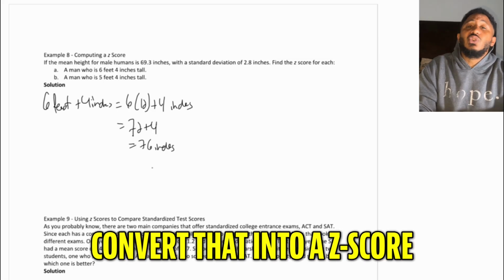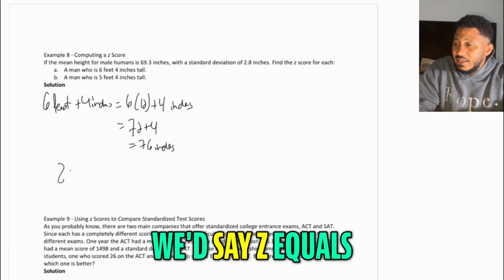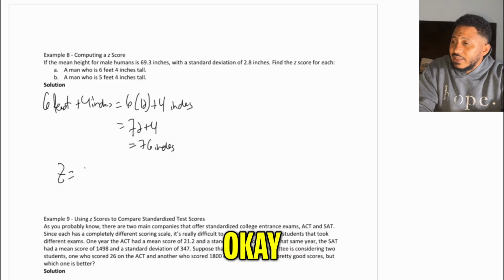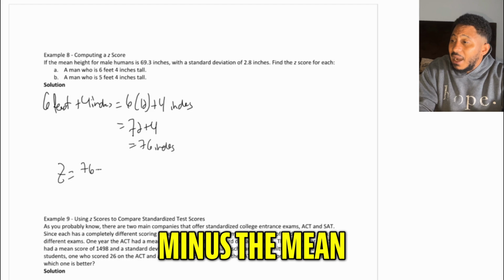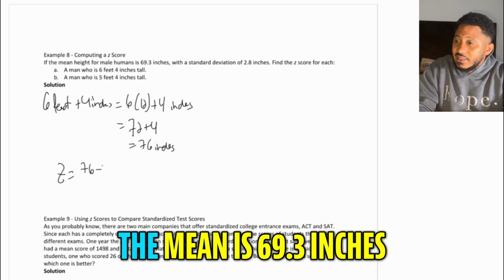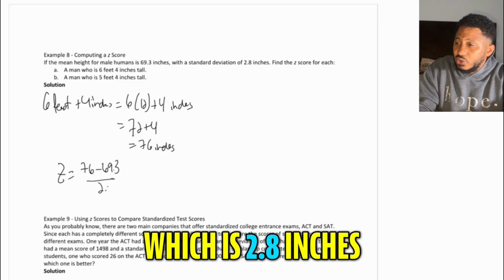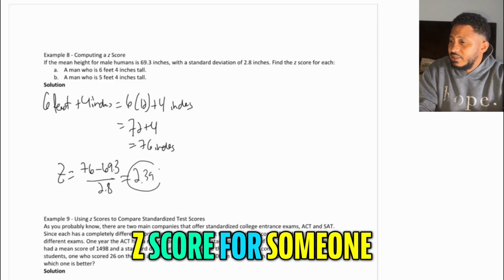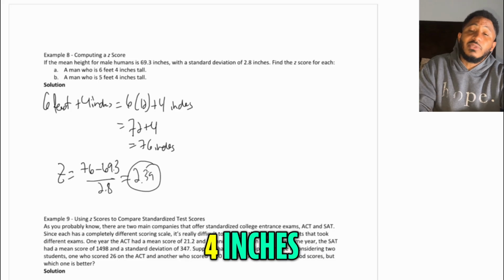To convert that into a z-score, z equals 76 inches minus the mean of 69.3 inches, divided by the standard deviation of 2.8 inches, which approximately equals 2.39. That's the z-score for someone who's 6'4".